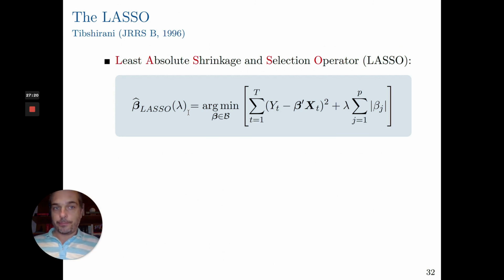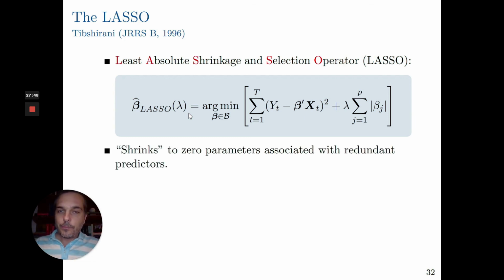selection operator, where we make a small change in the penalty. Instead of having a square function here, we have an absolute term. This small change makes a huge difference, because now we can do variable selection. Basically, we can uncover the sparsity structure of the model. Okay?